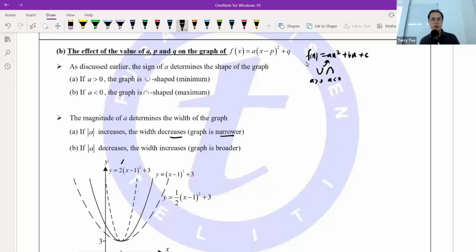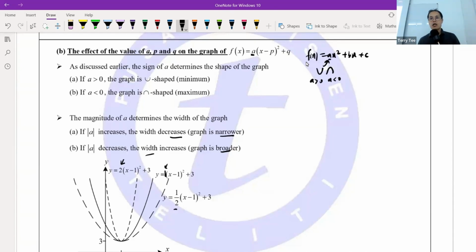Look at the difference between this and this. If this is 1, this is 2, the a here and a here, they're actually the same. It affects the width. If a is more than 1, the width is smaller, or we say the graph is narrower. If a is less than 1, we say that the graph is broader, or the width increases.